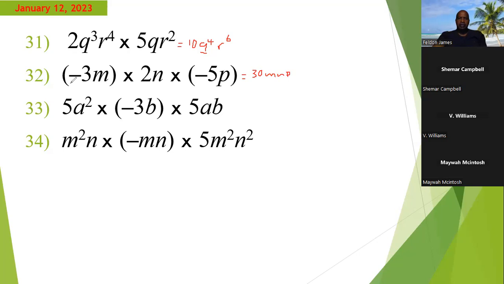All right, so once you look at what you're multiplying, you count the number of negatives. If you have an even amount of them, your answer shall be positive. Likewise, if you have an odd amount, your answer will be negative. Same thing applies when you're dividing. Just count all the negatives in it, and that will indicate whether you have a positive or negative. If you have an even amount, your answer will be positive. An odd amount, your answer will be negative.